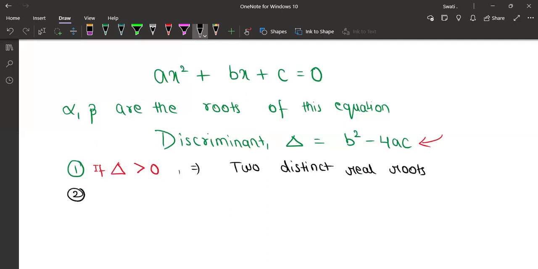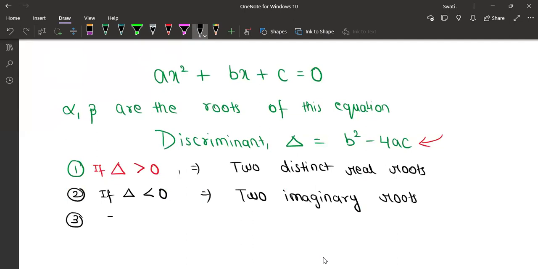First case is done, where the discriminant is strictly greater than 0. The next case is when the discriminant is strictly less than 0. Then that simply implies that it will have two imaginary roots. Imaginary meaning that you will have roots containing i. So two imaginary roots. The third case is that the discriminant is exactly equal to 0.